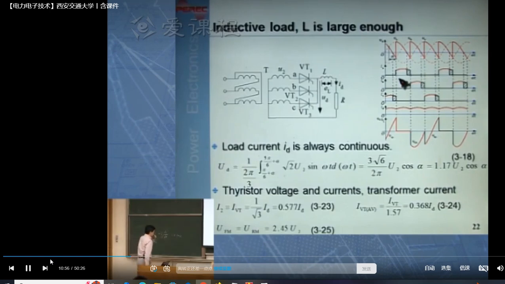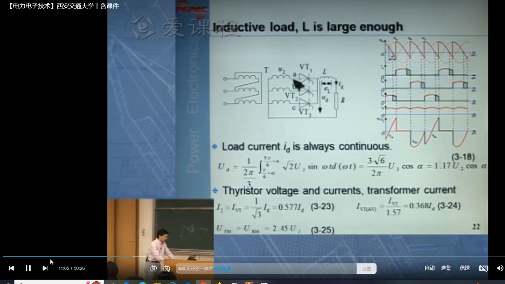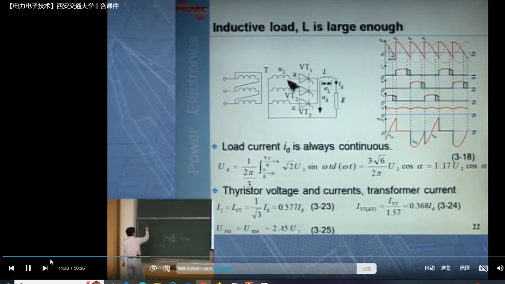Then in this picture here, in the practical case, there's always a certain inductance here, because you have a transformer. Ideally, a transformer has no leakage inductance.